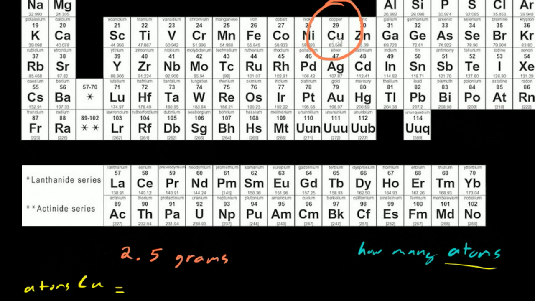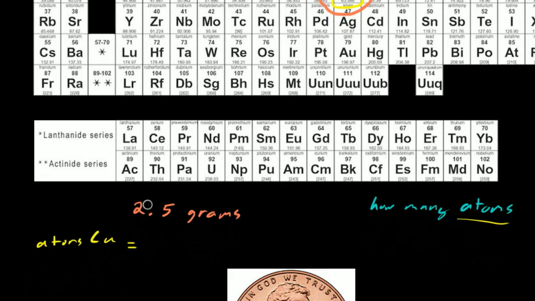Remember that this is the average atomic mass. If you took all the different isotopes of copper and had a weighted average of the mass of each of those atoms, you would get this number, which is 63.546 atomic mass units.